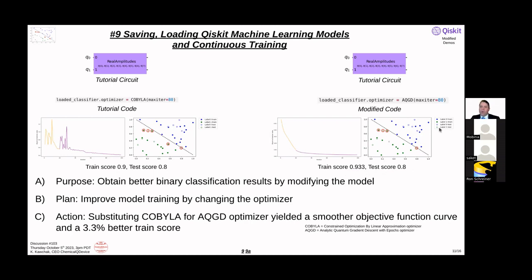So the test scores are the hollow dots, and the train scores are the solid dots in that specific case. So, about 3.3% better train score. But with these data sets that are so small, if you have 50, something like that, it's not saying a ton, right? But it's a step towards understanding modifying models and how that changes things, basically.